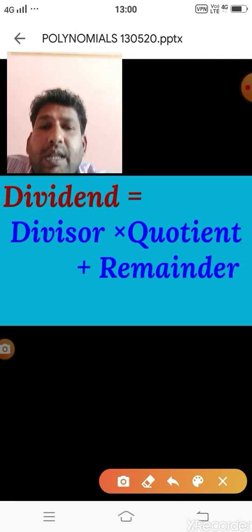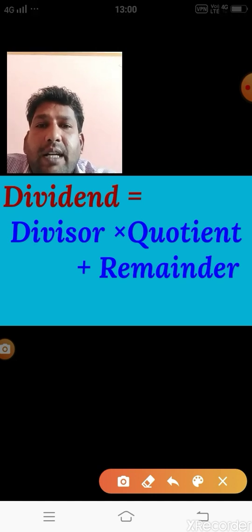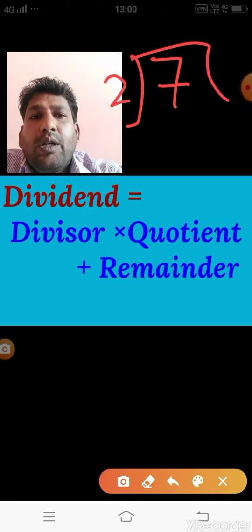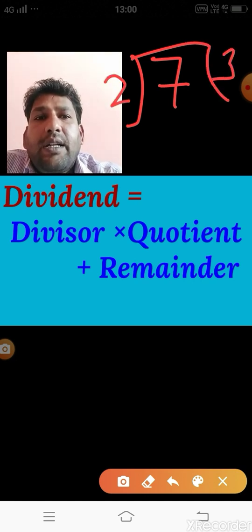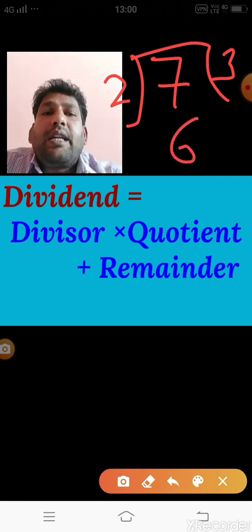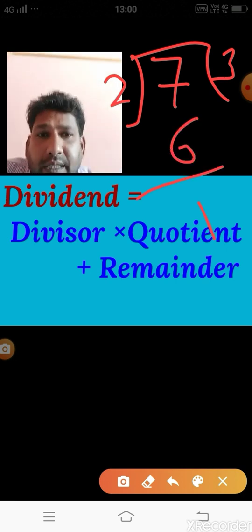For example, suppose we have to divide the number 7 by 2. When we divide, the quotient we get is 3 and the remainder we get is 1.